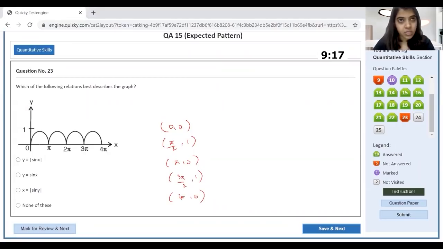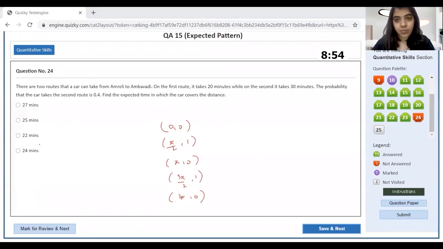Mod of sine x. This is our answer, right? Because we're looking at mods. It is not going in the negative direction at all. Even at 3 pi by 2 it is not going in the negative direction. So the answer is y is mod sine x.